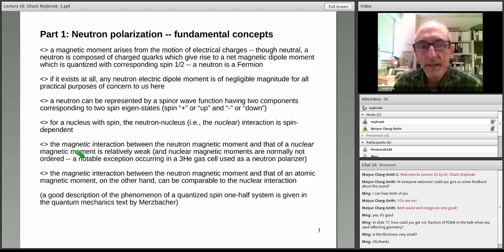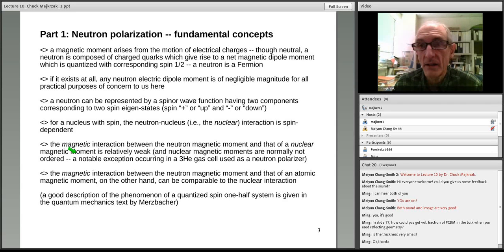It turns out that because the neutron has a spin, the neutron nucleus interaction, the nuclear scattering potential, can be spin dependent in certain cases depending on the spin of the nucleus. And there is a magnetic interaction between the neutron spin and the unpaired electrons in the unit cell of some material. And it turns out that this magnetic interaction is often comparable in magnitude to that of the nuclear interaction.